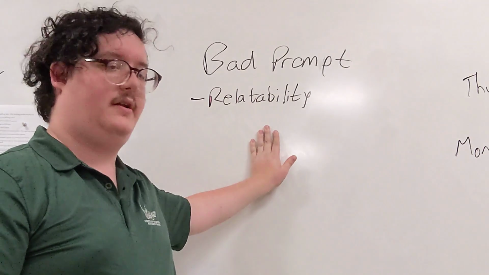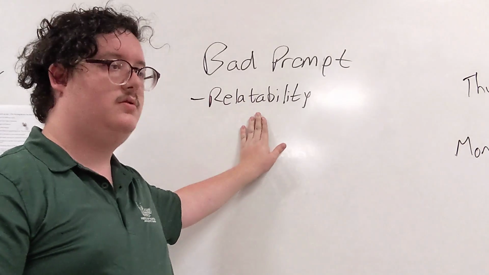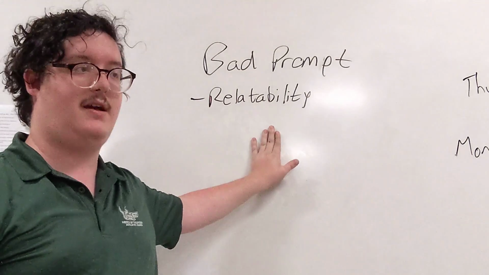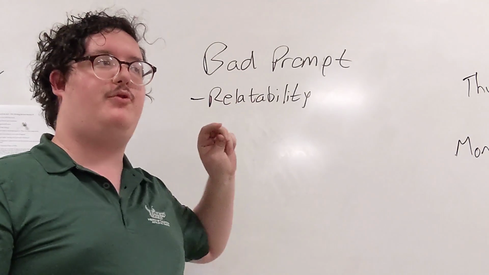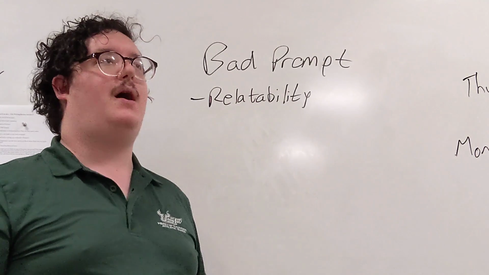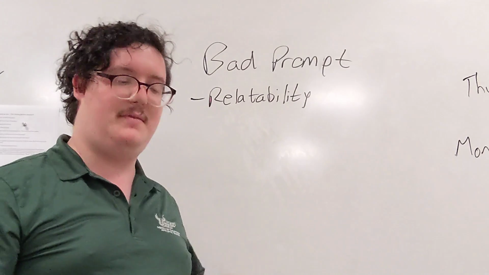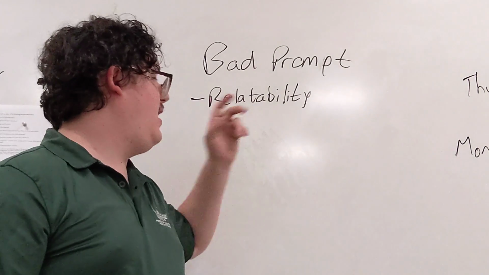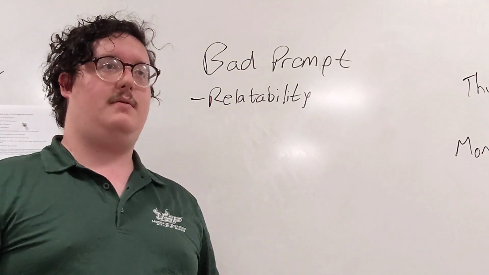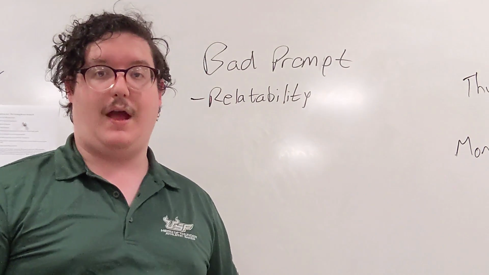Second of all, with relatability, sorry, I blanked out for a second. I need to work on my time management. Relatability helps you to get something out of a really bad prompt. Say it's about clothing, right? That timed essay number 3 that we did. If you have clothing and you're talking about relatability, you wear clothing, don't you? Okay.